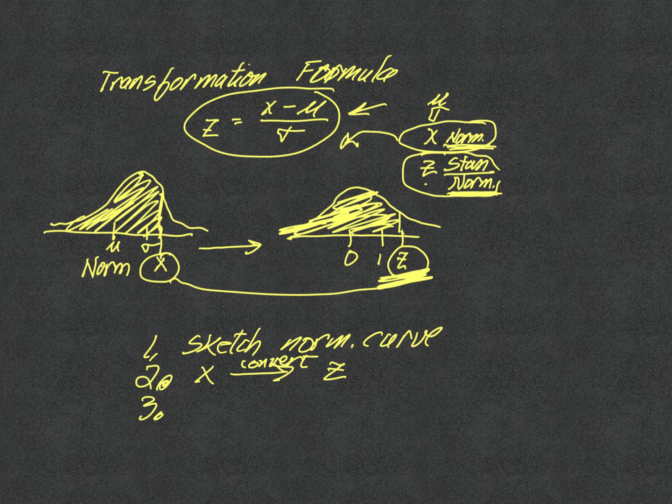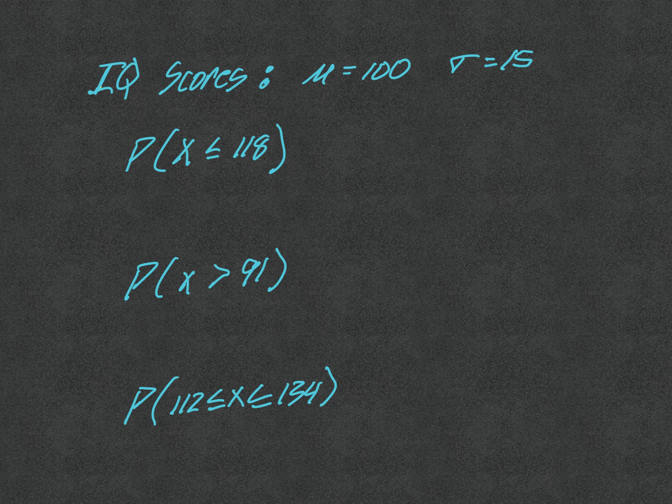And then we can use a table to find probabilities, okay? And that's it. That's kind of the process. And so what we want to do is some problems so that we're used to that. Okay, here we go.